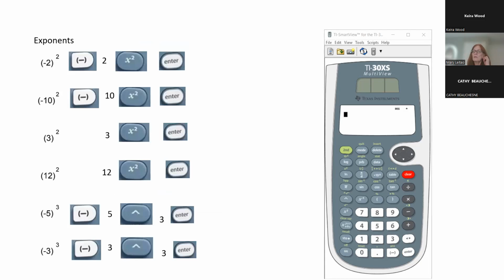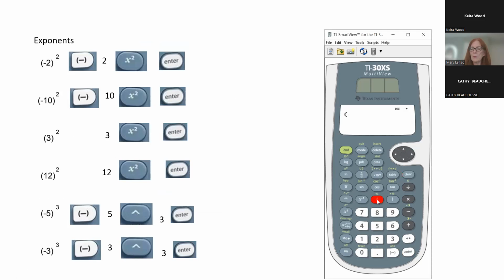Exponents. On the left side, we have the original problem that we need to figure out a value for. So this is -2 squared. We'll set up parentheses.